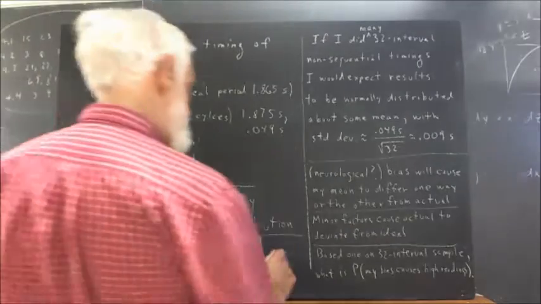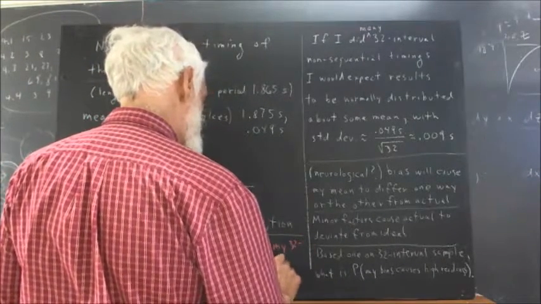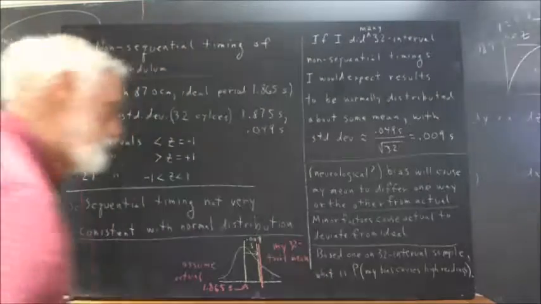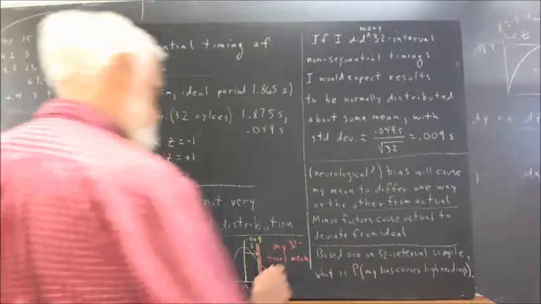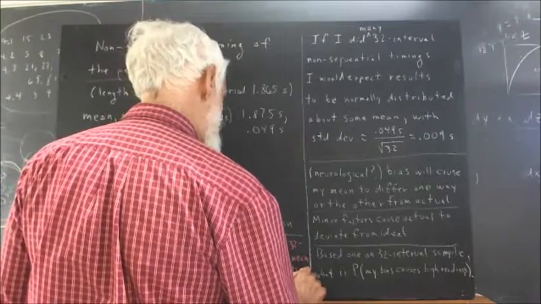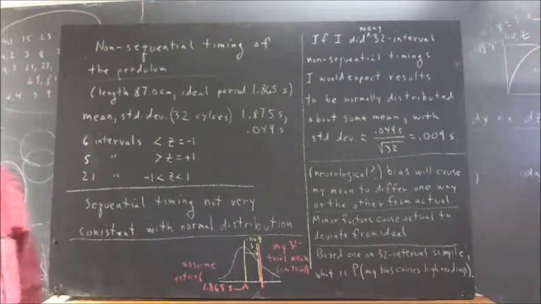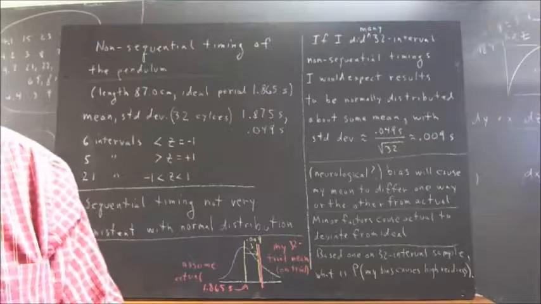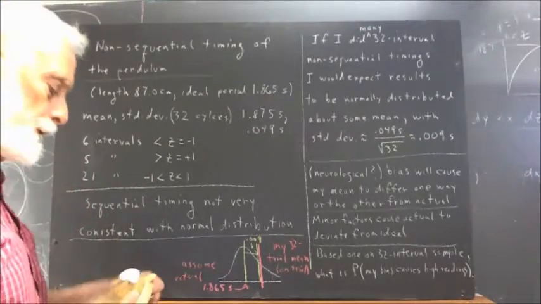So this is my 32 trial mean based on one trial, and I'm using the word trial a little, not just a little, a whole lot ambiguously. I want to call that a 32 interval timing.